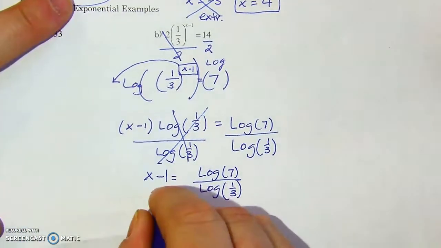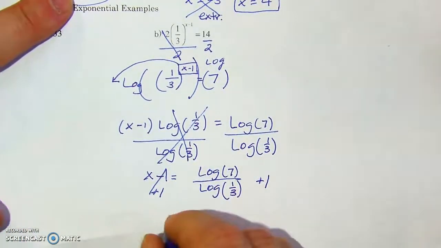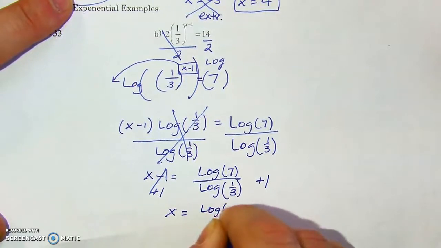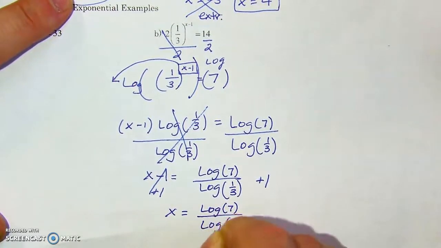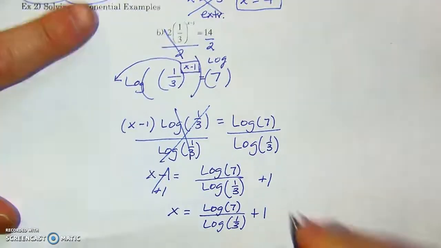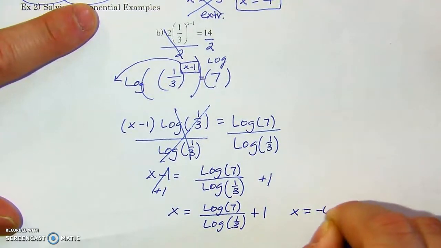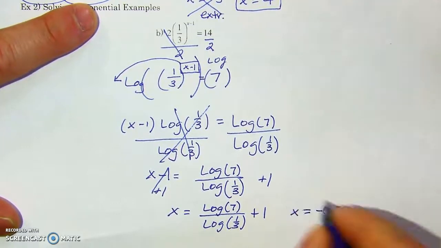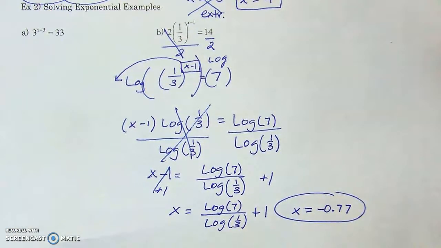And then I'm going to add 1 to both sides. We have solved for x. Our last step would be to plug that into the calculator. And we would get x equals negative 0.77, or approximately that. Be done and done. Okay.